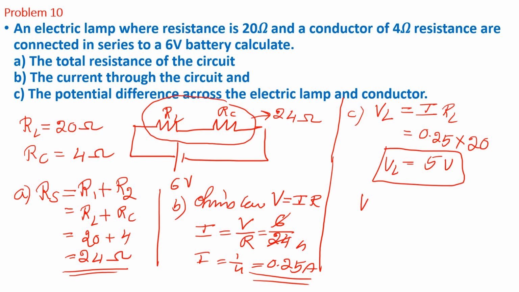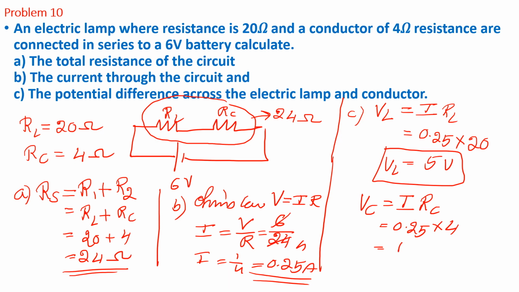And one more is asked, that is potential difference across the conductor we need to find out. The formula is I into R, but I is kept constant in series. So I into RC, across the conductor. I is equal to 0.25 and the resistance of the conductor is given, it is nothing but 4 ohm, which is equal to 0.25 into 4, which is 1.